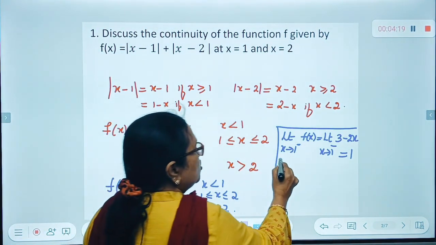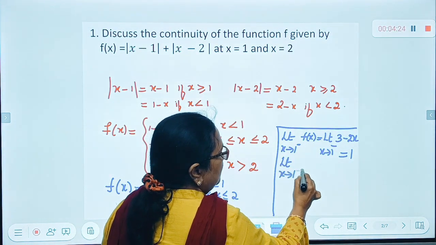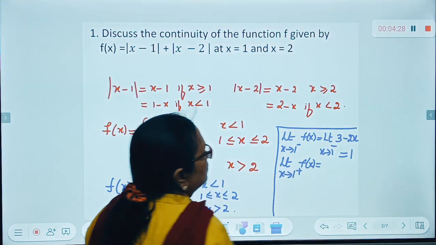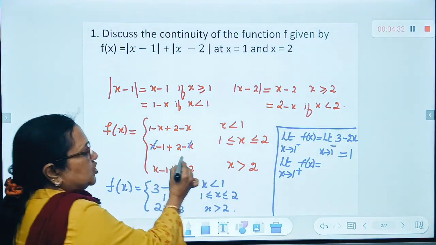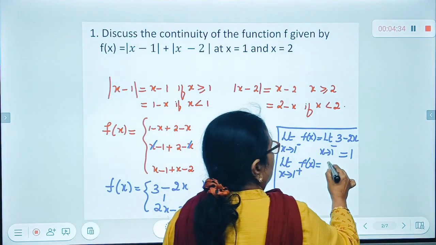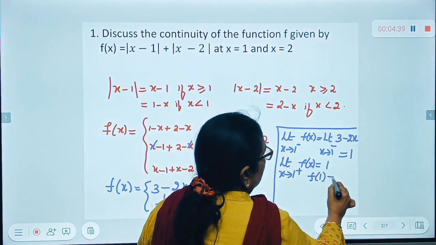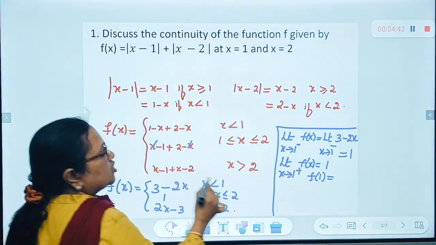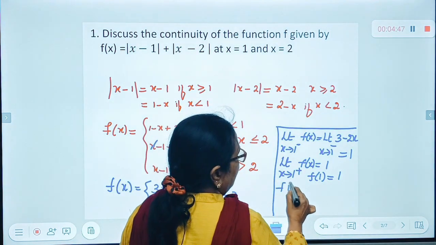Next, limit x tends to 1 plus of f of x is equal to, that means x is greater than 1, so this is the function. It will be 1. What is f of 1? This is for 1 less than or equal to x less than or equal to 2, so f of 1 is also 1. So f is continuous at x equal to 1.